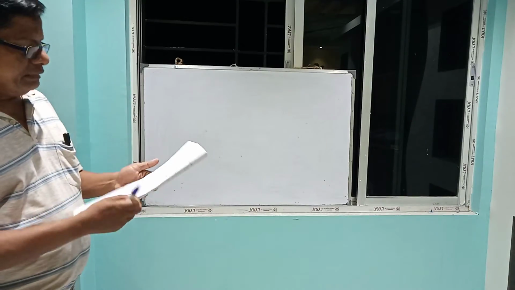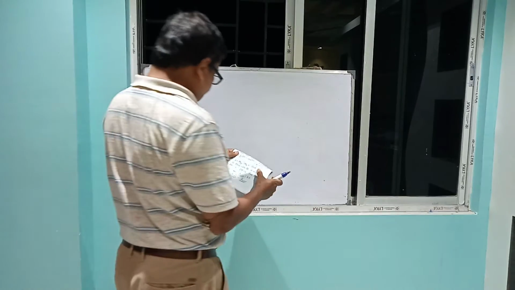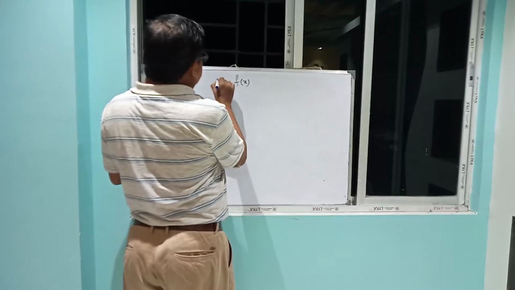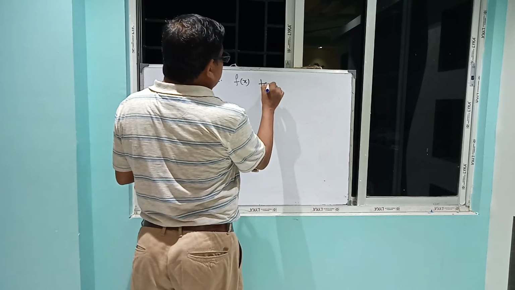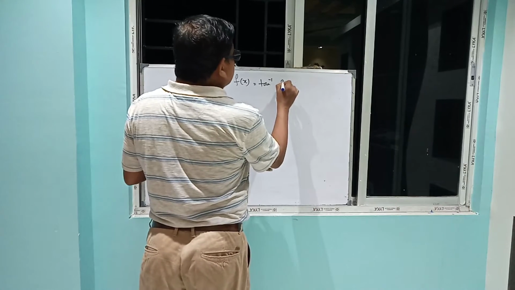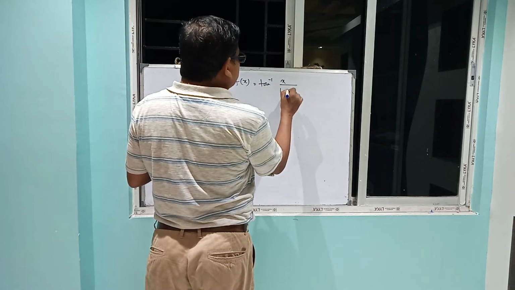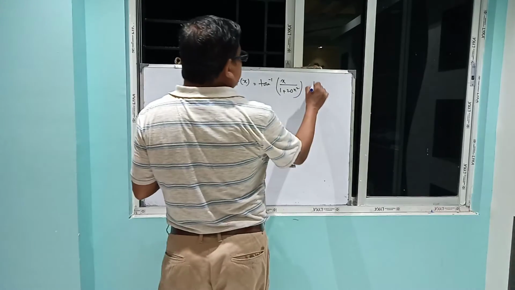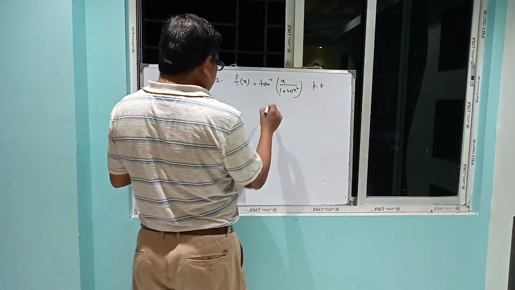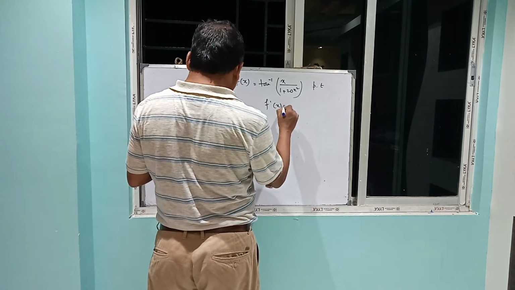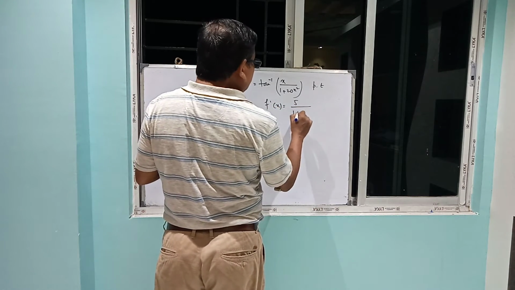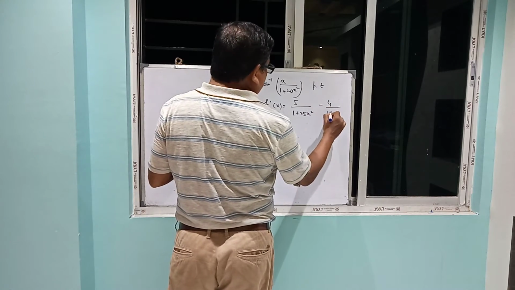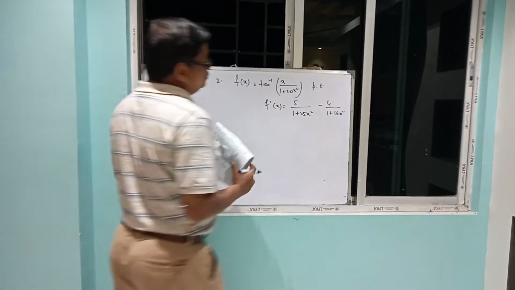So right, next sum, here is given f of x tan inverse x by 1 plus 20x square, prove that f dash x equal to 5 by 1 plus 25x square minus 4 by 1 plus 16x square.